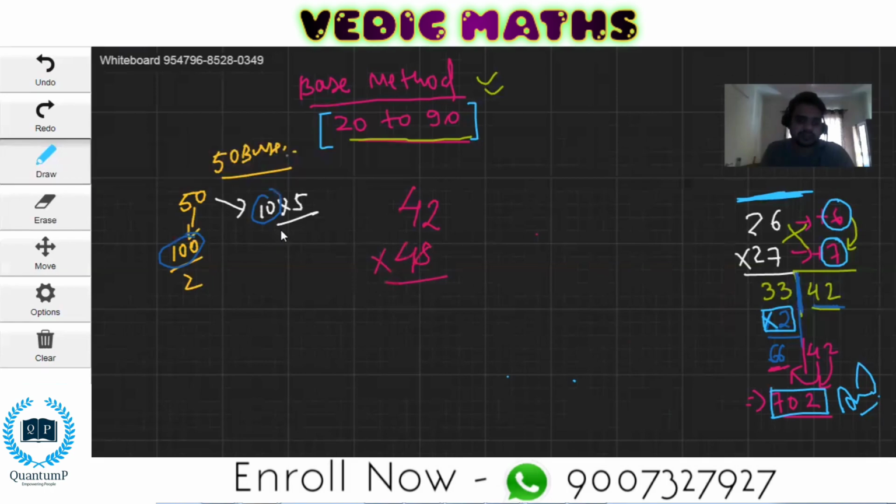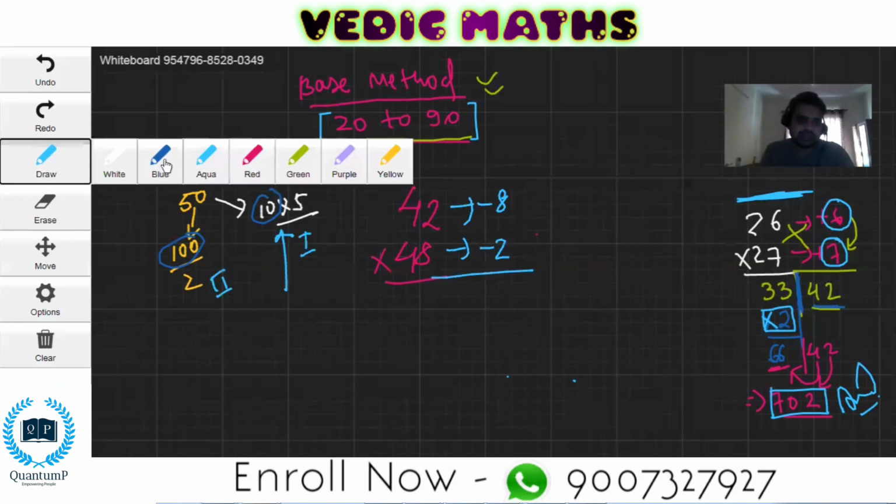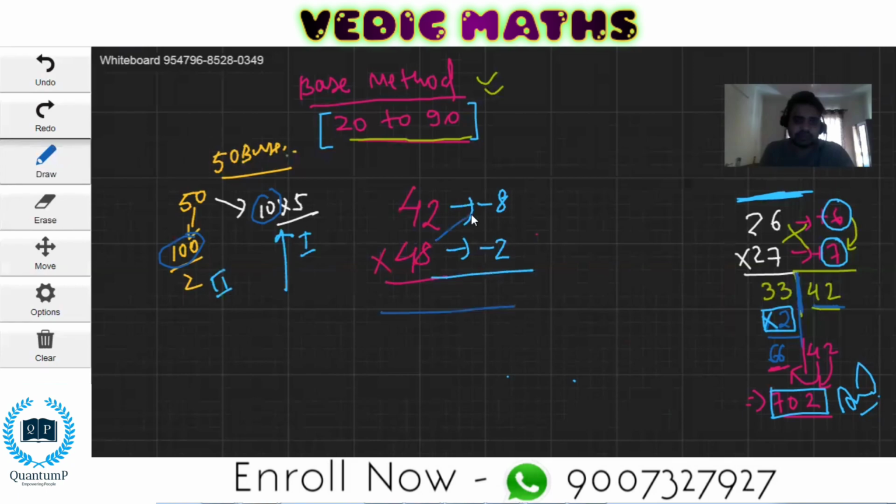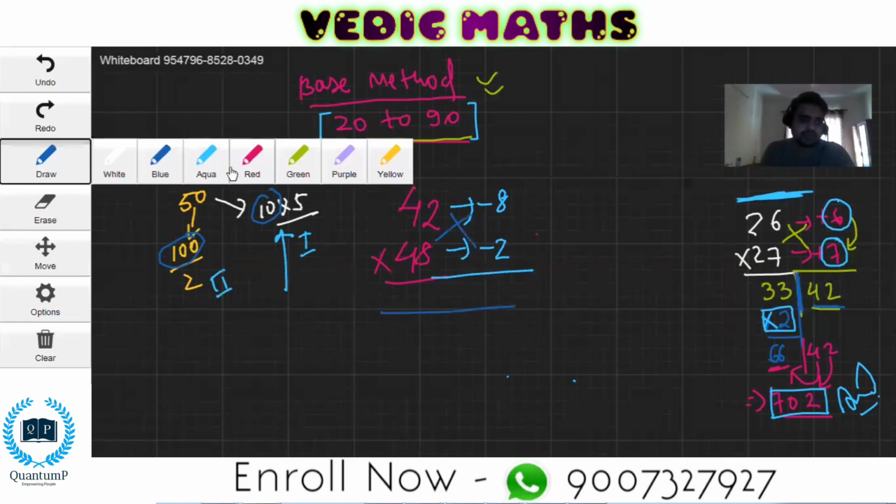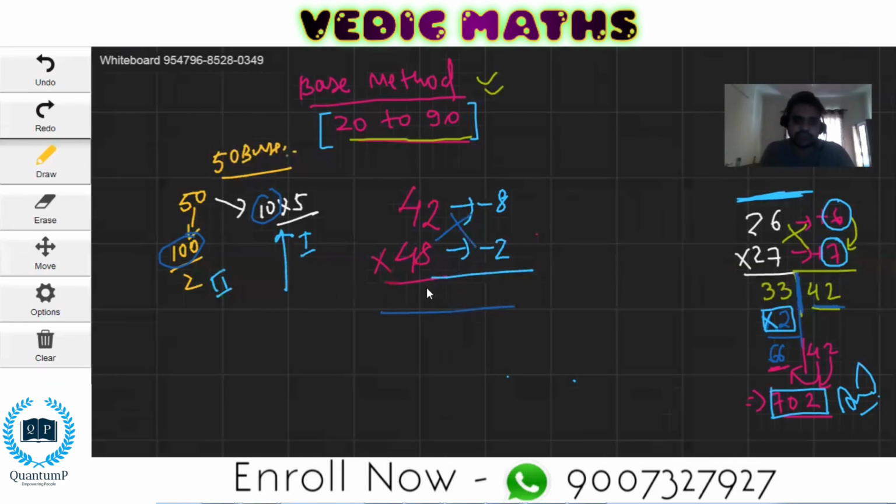Let's suppose you're doing this one first, and I'll show you the second way after. I'll write here -8 and here -2, because we are comparing with 50, so we have to write it this way. Then we'll do cross. If we do cross, you'll get 40 both ways, and if you multiply, you'll get here 16 plus 16, because minus and minus is plus, right?